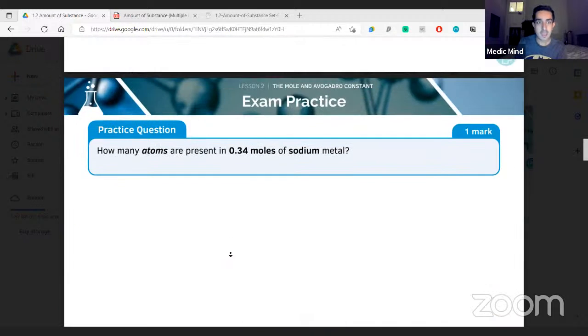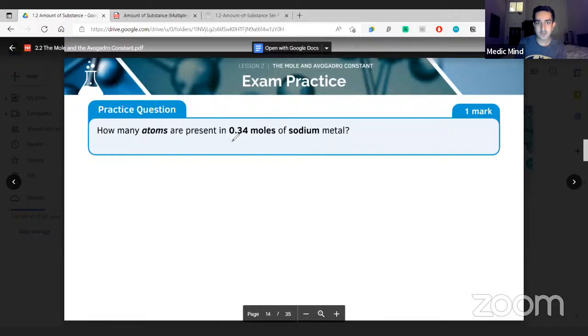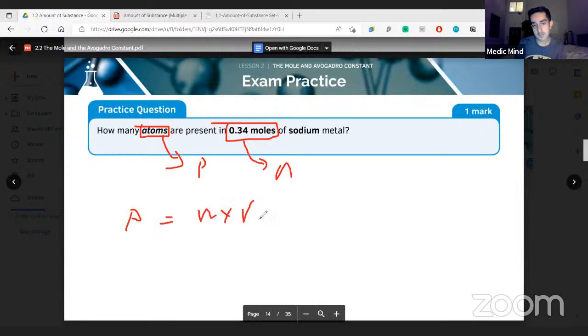So let's have a go at this question together. How many atoms are present in 0.34 moles of sodium metal? So you've been asked about particles, and you've been given number of moles. So particles equals moles times Avogadro's constant.